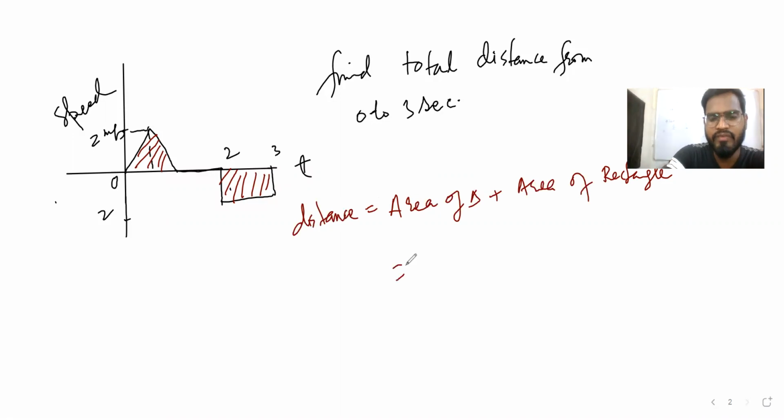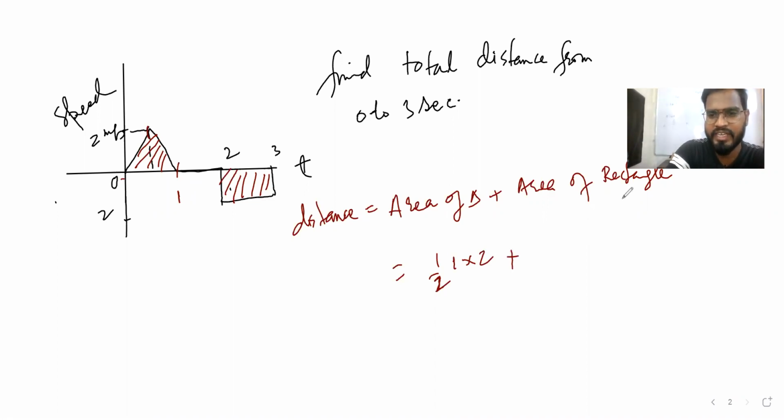Area of a triangle is half base into height. Base is how much here, guys? From here to here it is 1. Height of the triangle is 2, see, till here it is 2. Okay, fine.